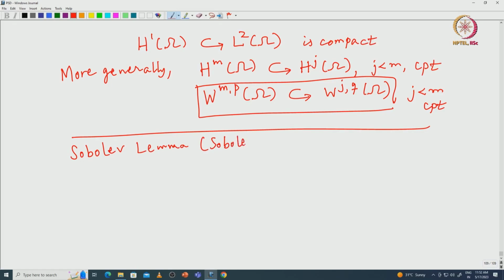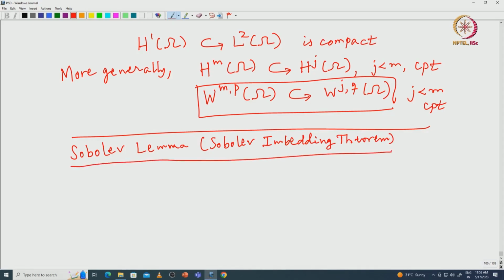This is a very important result, especially concerning the solutions of PDE. We usually pose the problem as a weak problem for a PDE and obtain a solution in some Sobolev class.